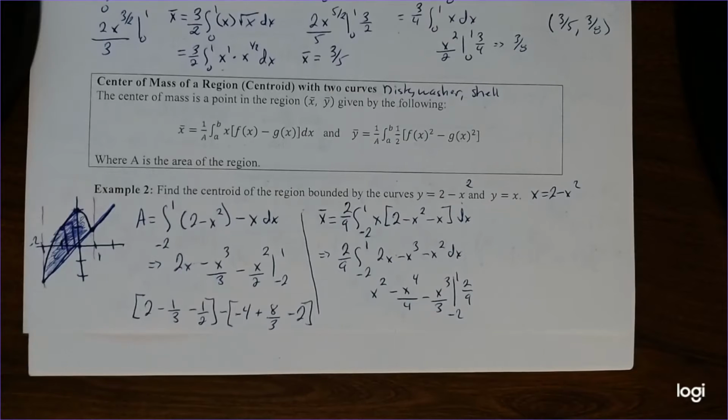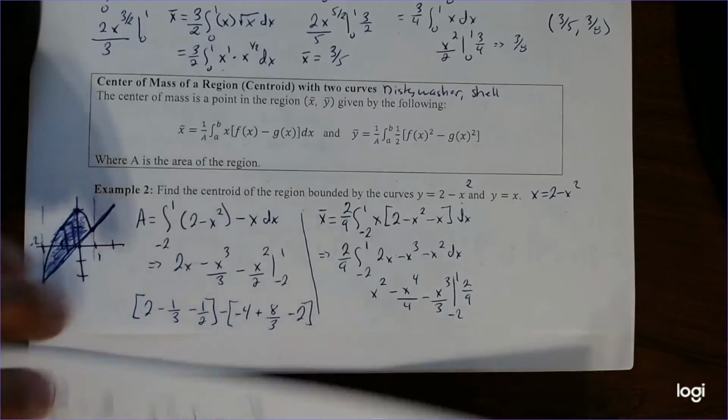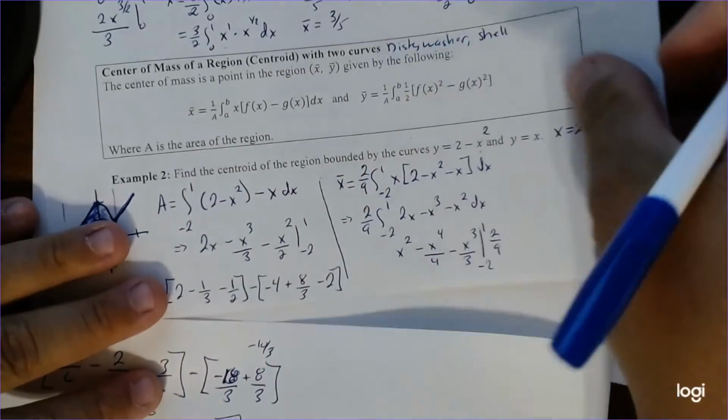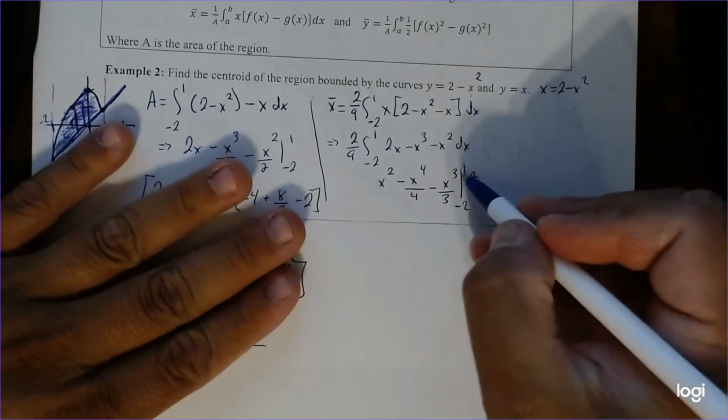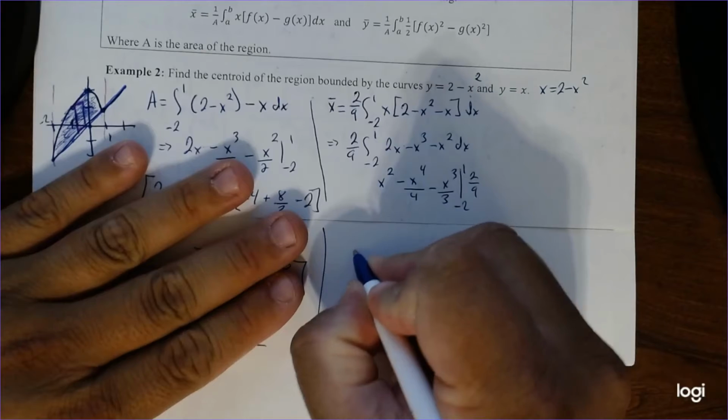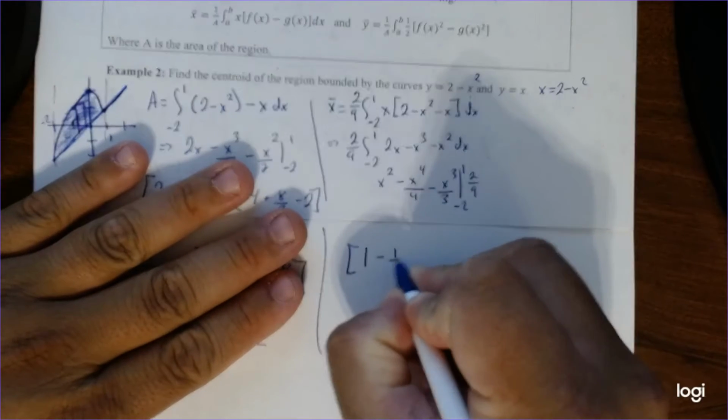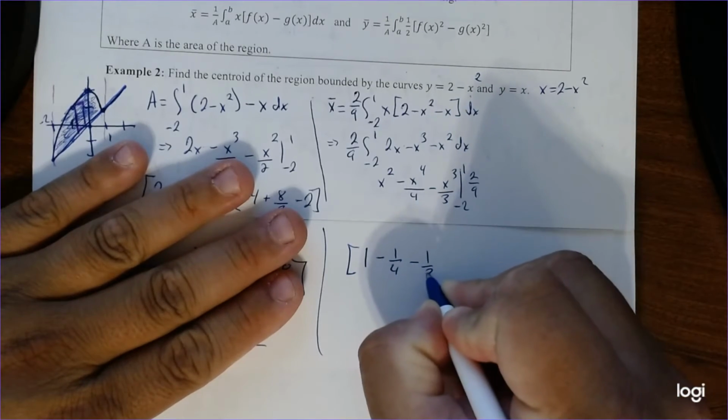Okay. All right, same process, right? So plug in 1, plug in -2. So we plug in 1, we're going to get 1 minus 1/4 minus 1/3.